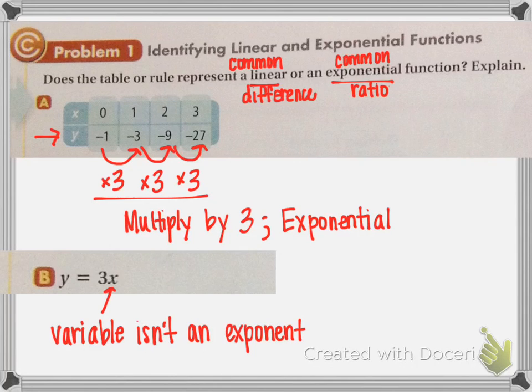Now you had two options. It was either going to be linear or exponential. But we know it's not exponential, so what must it be? It must be linear. Okay? So that's from a table. That's from an equation. If the variable is the exponent, it's exponential. If it's not, it's not exponential. And A, you look at either the common difference or the common ratio.